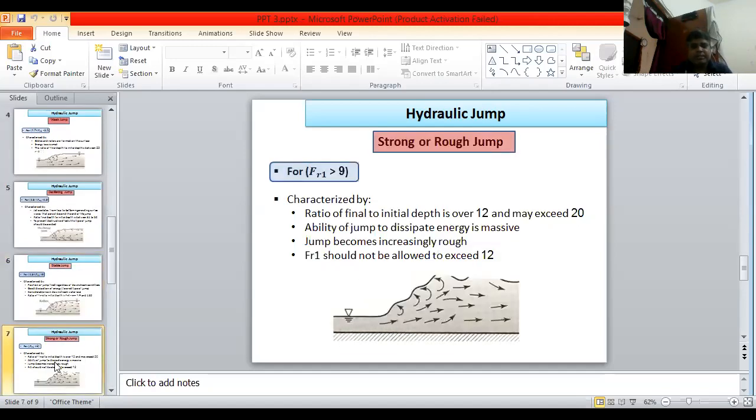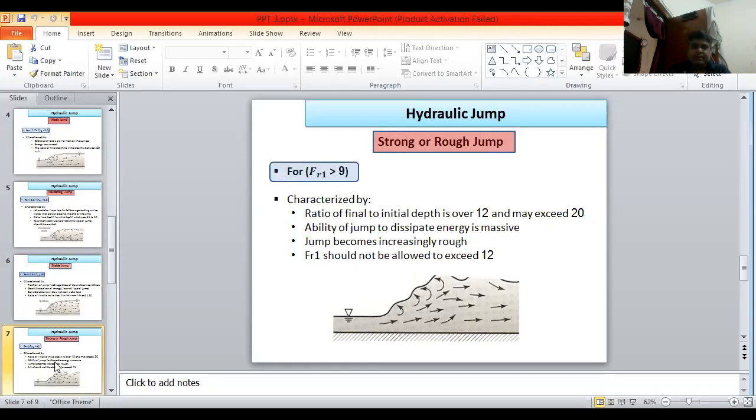Now, a strong or rough jump: Froude number greater than 9, characterized by a ratio of final to initial depth over 12 that may exceed 20. The ability of the jump to dissipate energy is massive. The jump becomes increasingly rough. Froude number 1 should not be allowed to exceed 12.